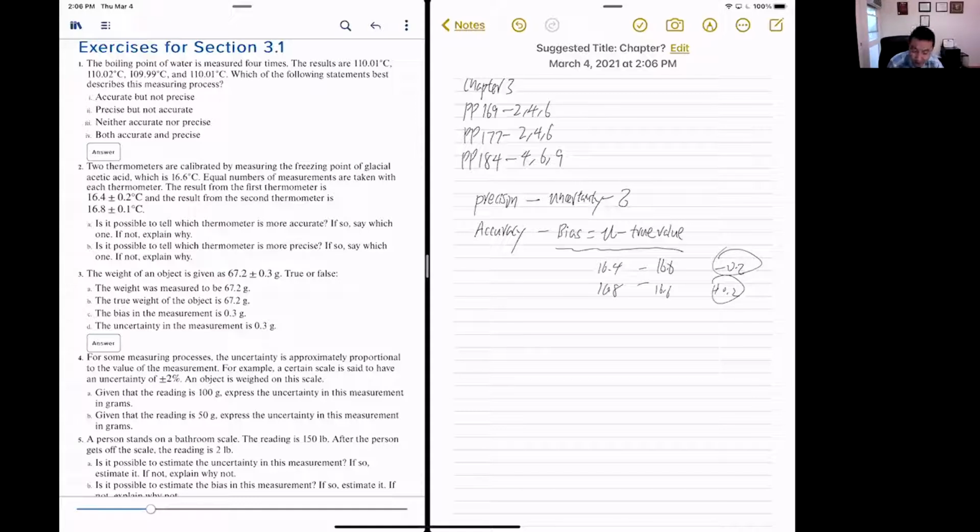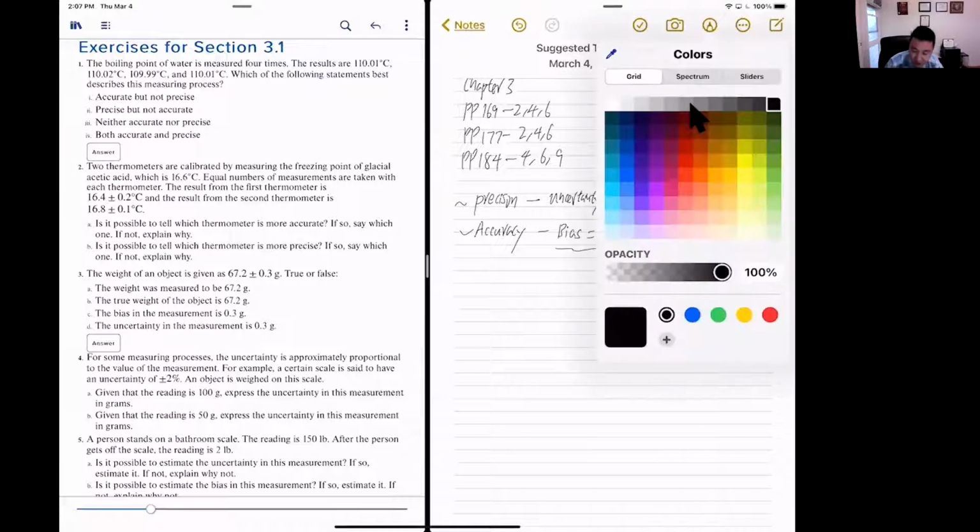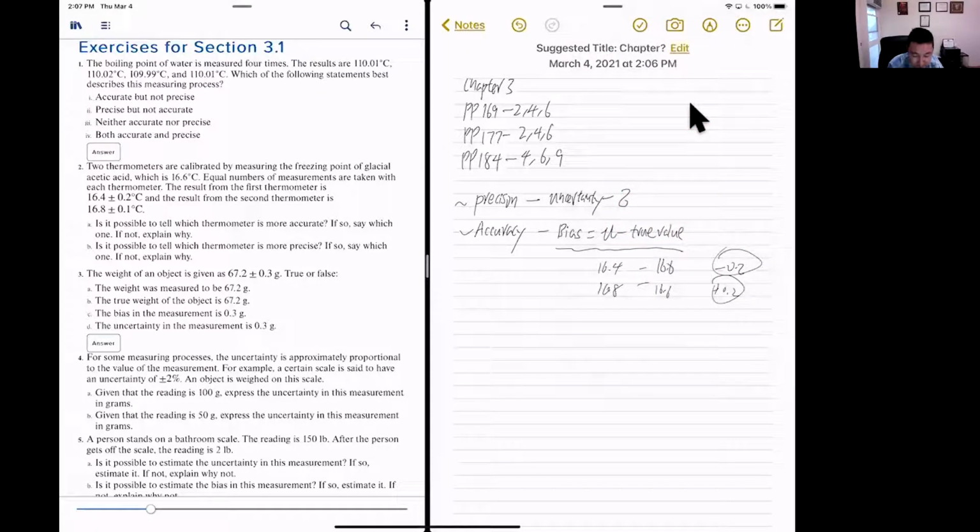Part B asks about the precision. Is it possible to tell which is more precise, the first one or the second one? The precision is judged by sigma, the uncertainty. Where is the sigma in the question?